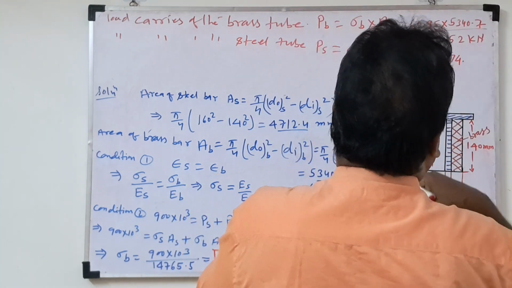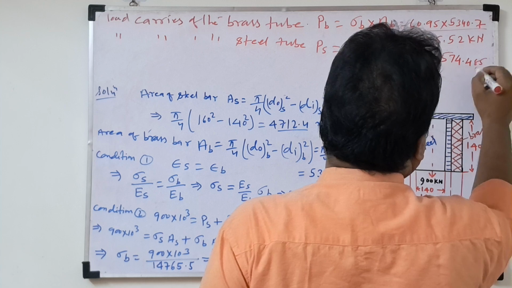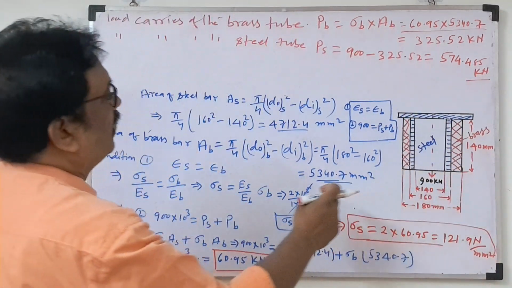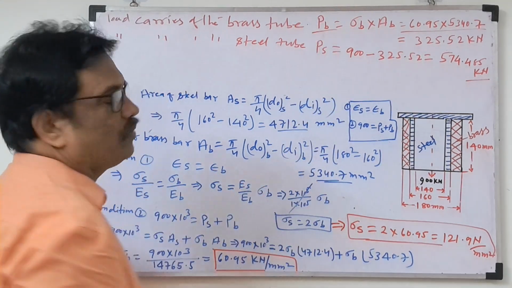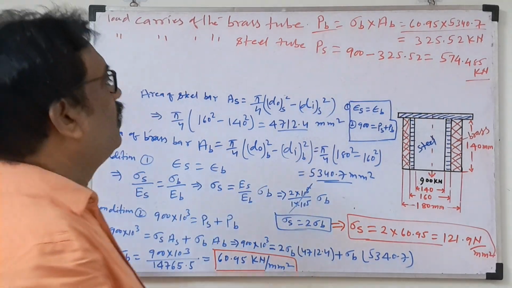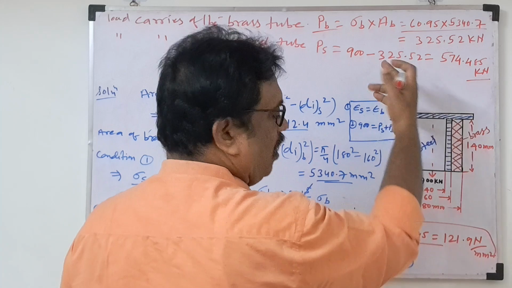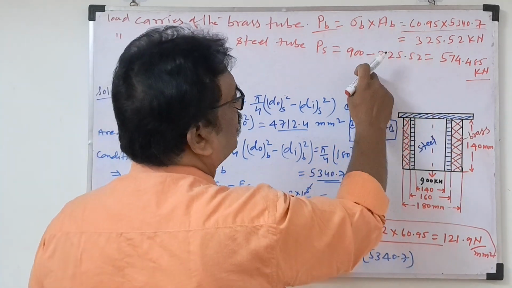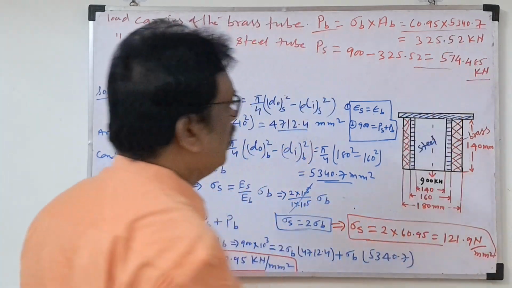Since the total load is 900 and the brass load is already calculated, subtracting or using sigma steel into area of the steel gives the same result.